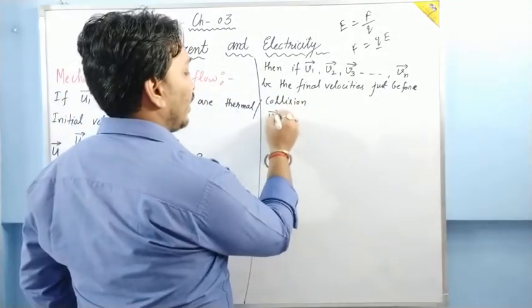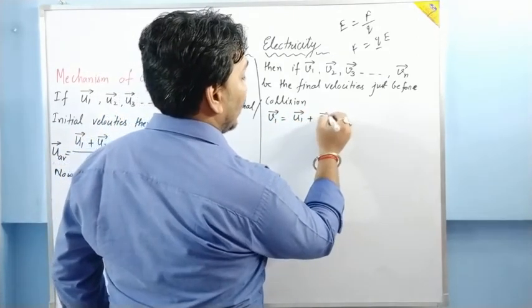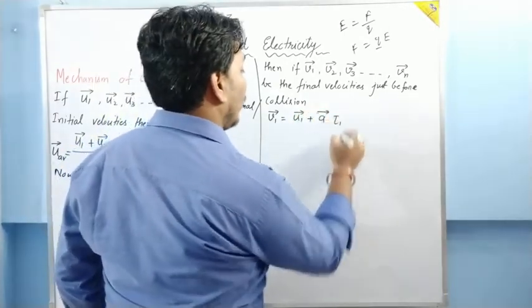We can write v1 vector is equal to u1 vector plus a vector into tau 1. The acceleration a will be the same for all electrons. Tau 1 is time.